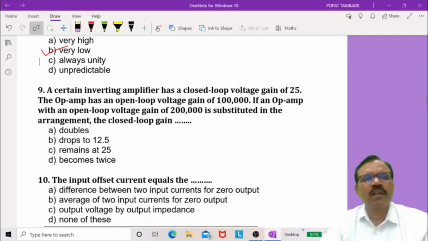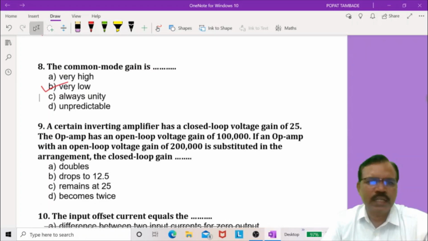A certain inverting amplifier has a closed loop gain of 25. The op-amp has an open loop voltage gain of 1 lakh. If an op-amp with an open loop voltage gain of 2 lakh is substituted in the arrangement, the closed loop gain?